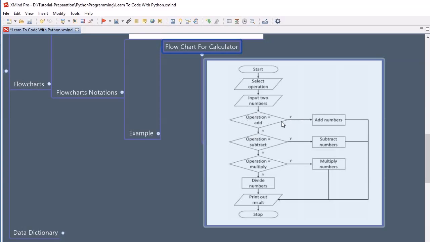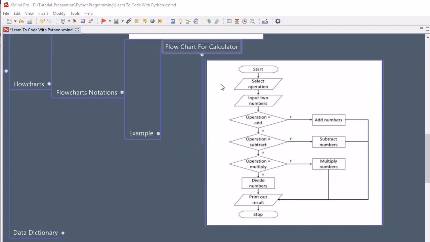We are going to write a program for a calculator that performs four operations: add, subtract, multiply and divide. We will perform these operations in our calculator, and we are going to convert the requirement into a program.